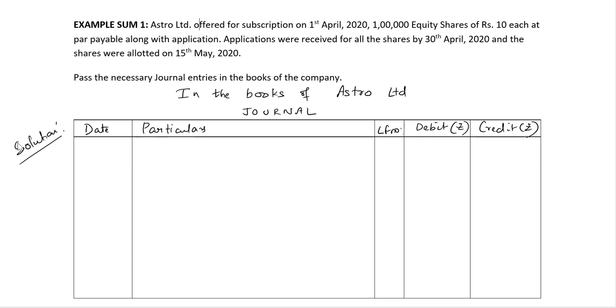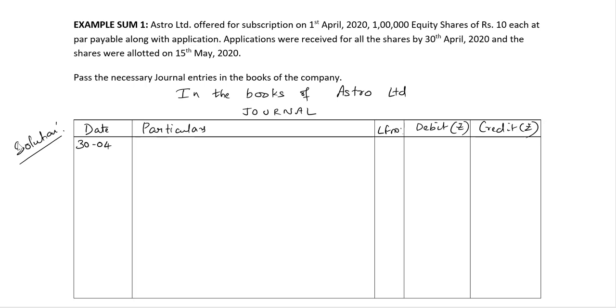Now, in the problem it's stated that the entire amount is payable along with application. So it's amount payable in lump sum. The applications were received for all the shares by 30th April 2020. So the date of receipt of application and allotment money is 30th April 2020.